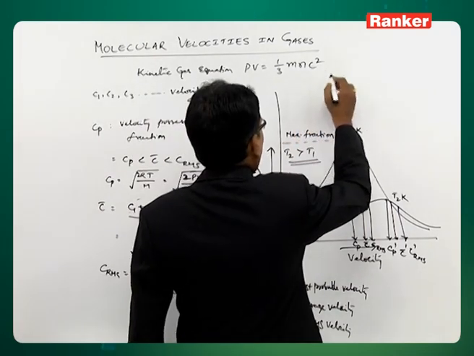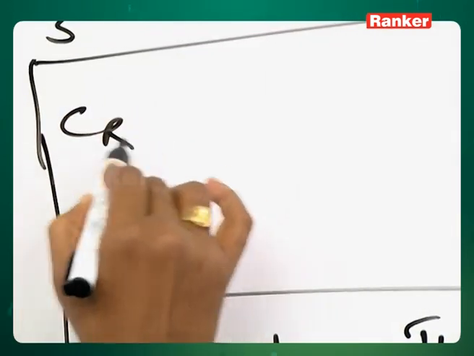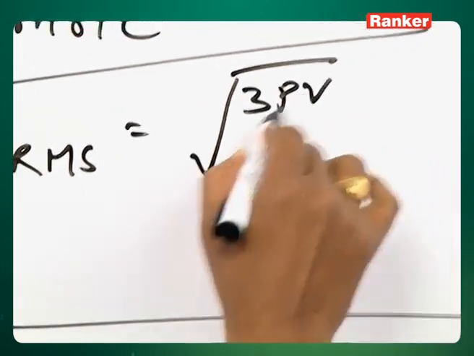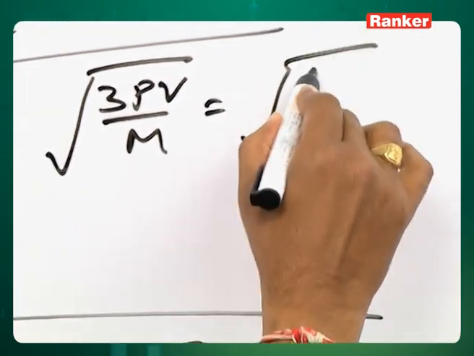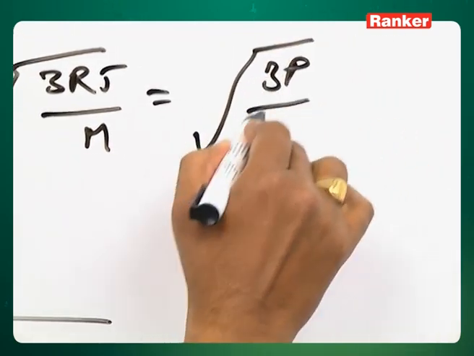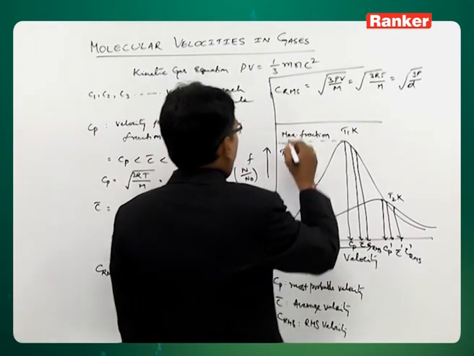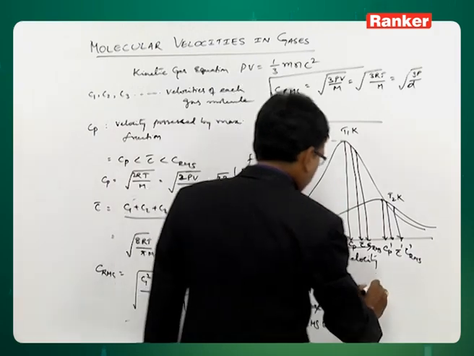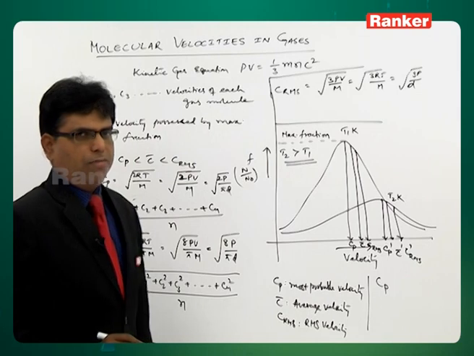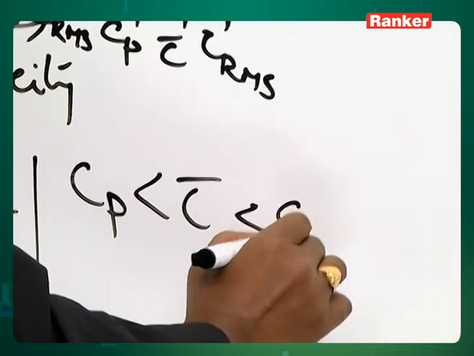So, this RMS velocity is given with the formula under root 3PV by m or 3RT by m or 3P by d. Okay. So, for any given quantity of gas molecules at a given temperature, Cp less than C bar less than CRMS.